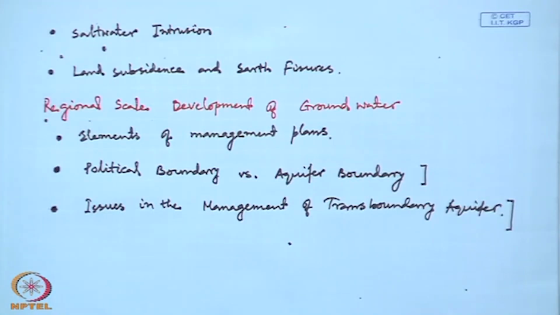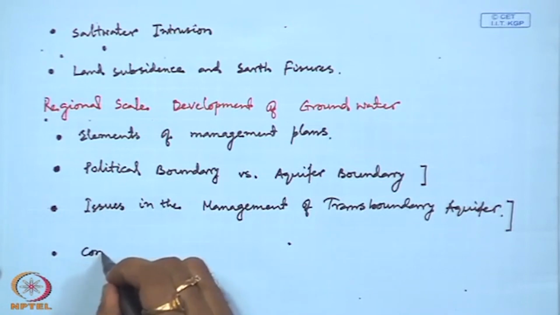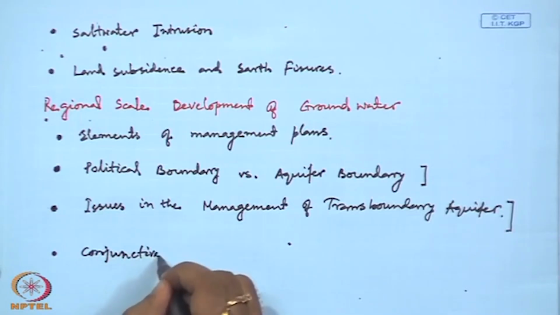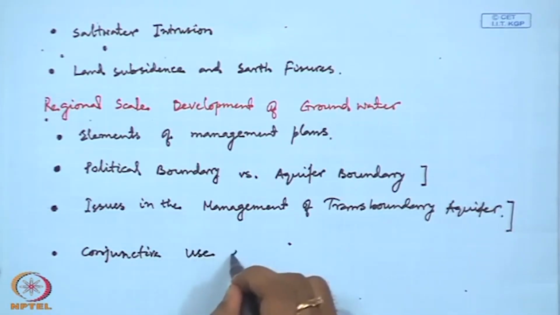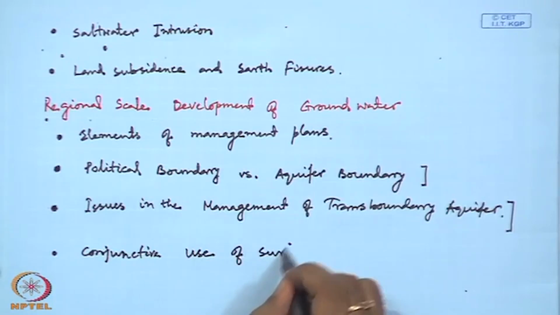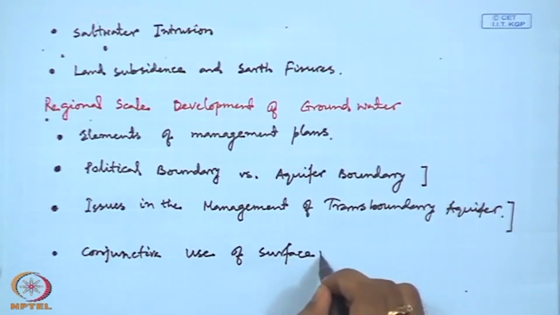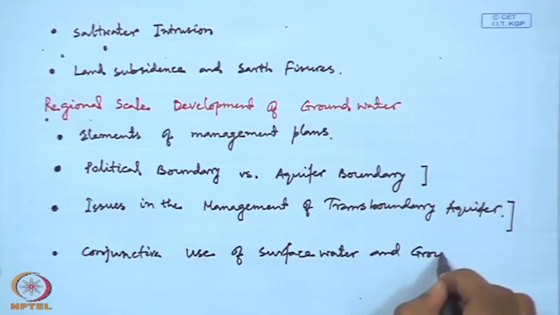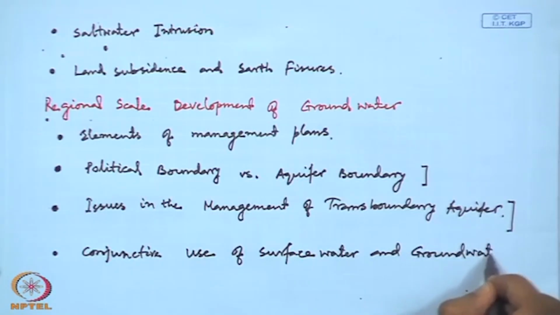Also, conjunctive use of surface water and groundwater is important from the regional scale development aspect.